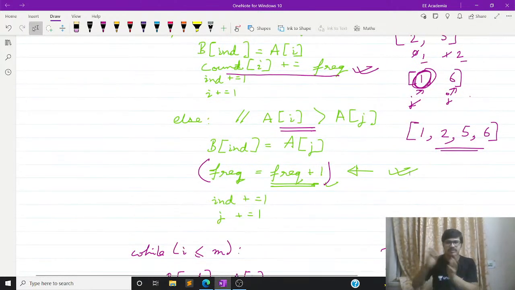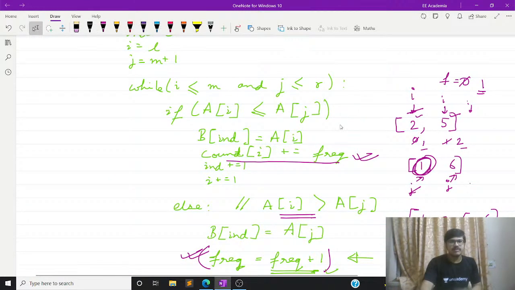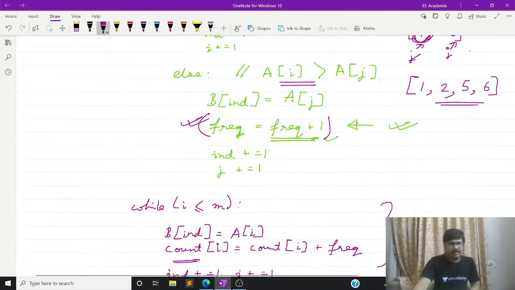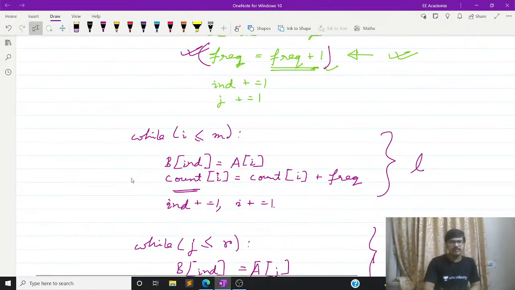For all the elements on the right half, we keep track of how many elements of the right array we put into our merged array, and when we are putting an element from the left half into the merged array, we simply increment the count of the element by the number of smaller elements. Okay, and if some elements are left, we again repeat that procedure.